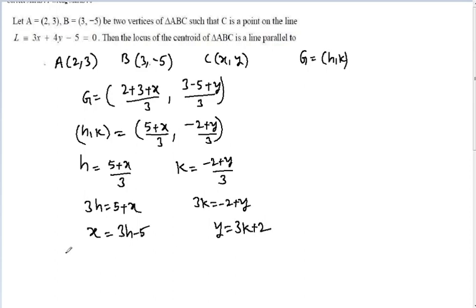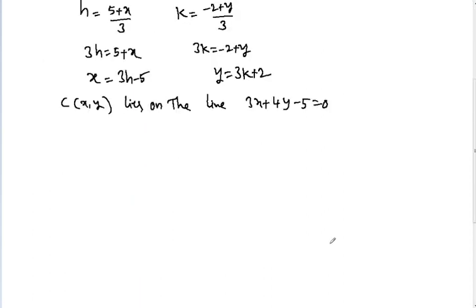So this point C (x, y) lies on the line 3x plus 4y minus 5 is equal to 0. Substituting x, y in this equation, therefore 3 into x value, 3h minus 5, plus 4 into 3k plus 2, minus 5 is equal to 0.